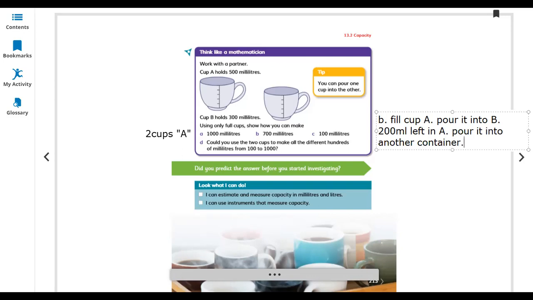Okay, now in cup B we have 300, and 200 in cup A, and pour it into another container.